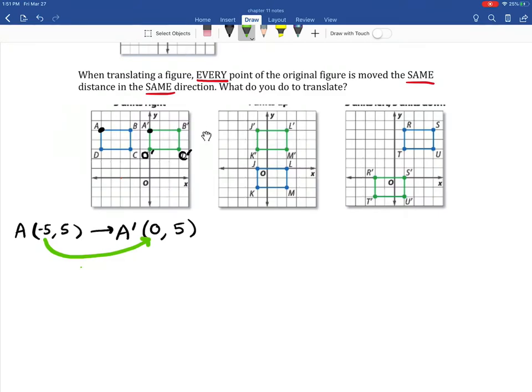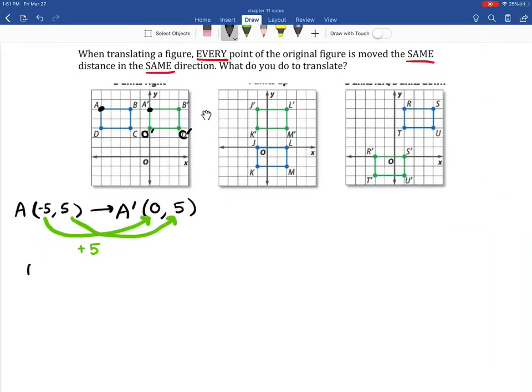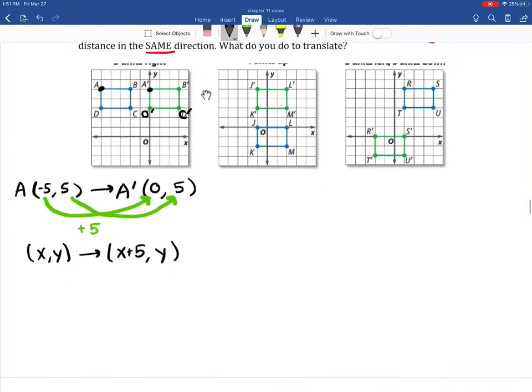Well, from negative 5 to 0, we added 5. From 5 to 5, there was no change. So I could write it as a rule like this. I take any coordinate, x, comma, y, and I'm going to add 5 to the x, and I'm not going to change the y. If I wrote this out in words, I could say the blue figure is moved 5 to the right.